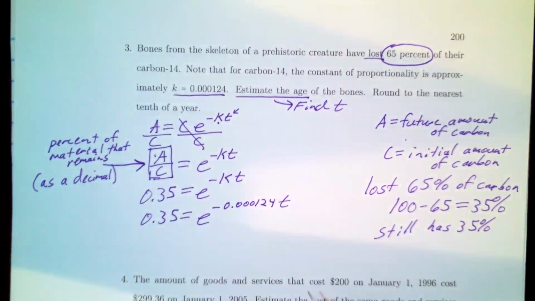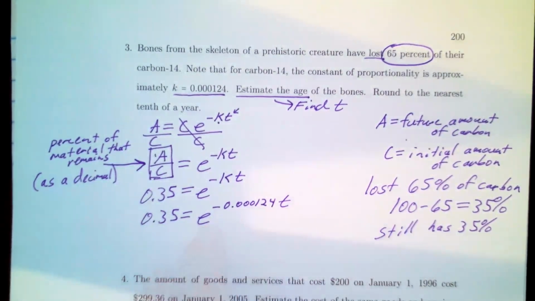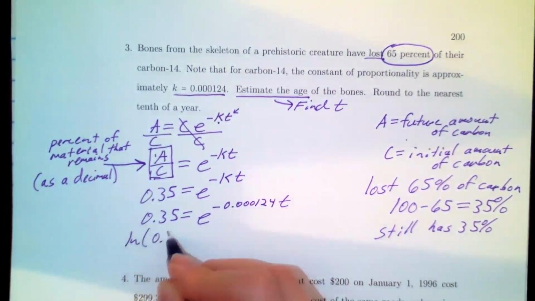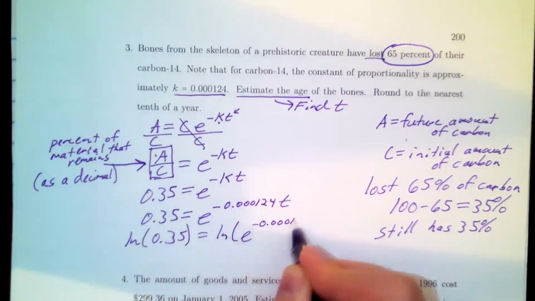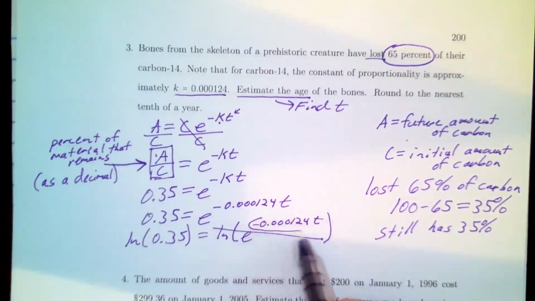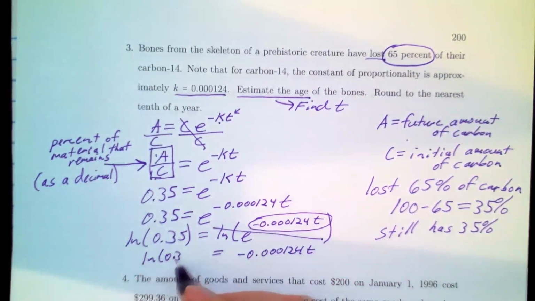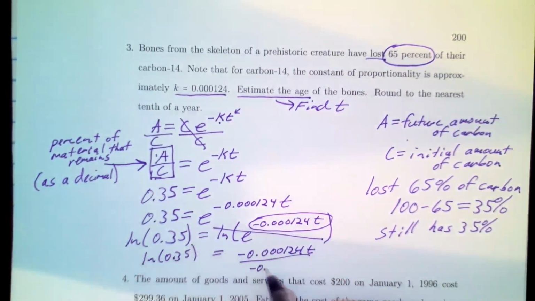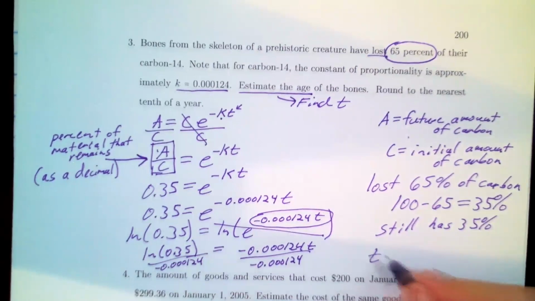So let's solve for T so that I know how old this creature is. Introduce natural log on both sides. The ln and the e cancel each other, and I'm left with the part that's in the power there. Divide both sides by this decimal, and you will have your T. Just make sure to round how they tell you.